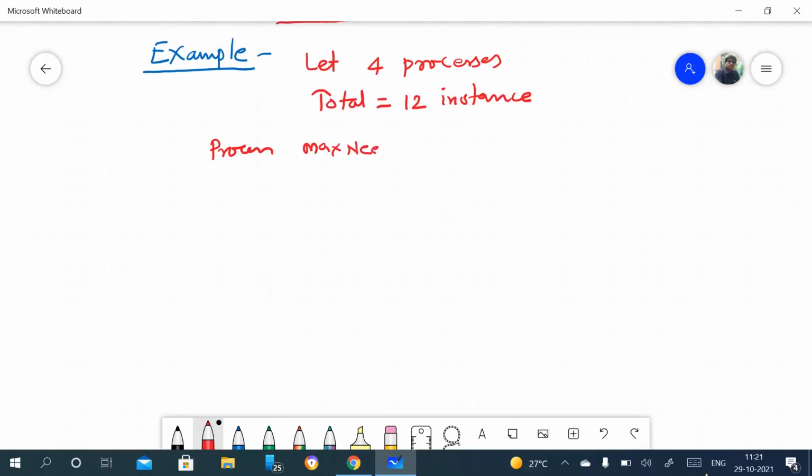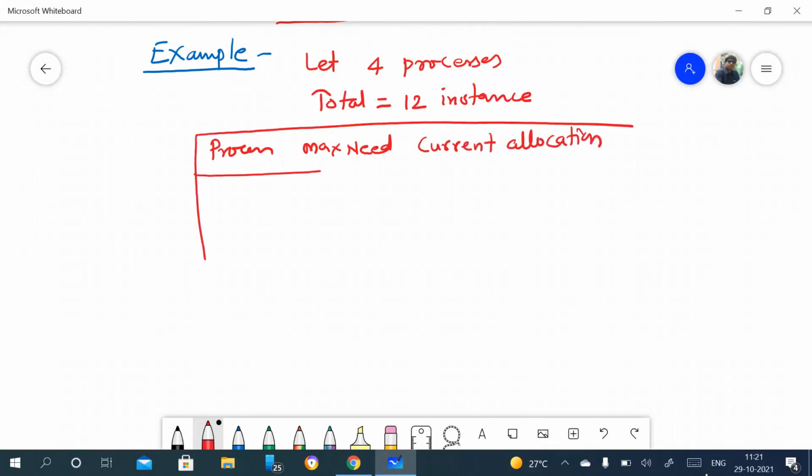Here you can see it is giving the max need and the current allocation also. This is given here for P1, P2, P3 and P4.